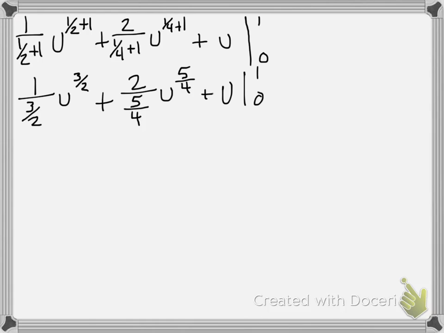Okay, so now we can clean that up even more. We keep that one. We change the division sign to multiplication. We flip the fraction. Times u to the 3/2. And same thing, 2 times, and then flip the fraction.